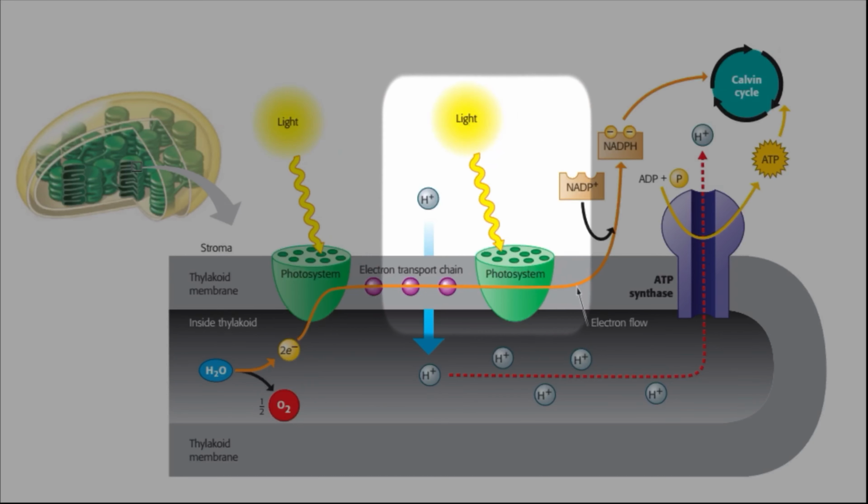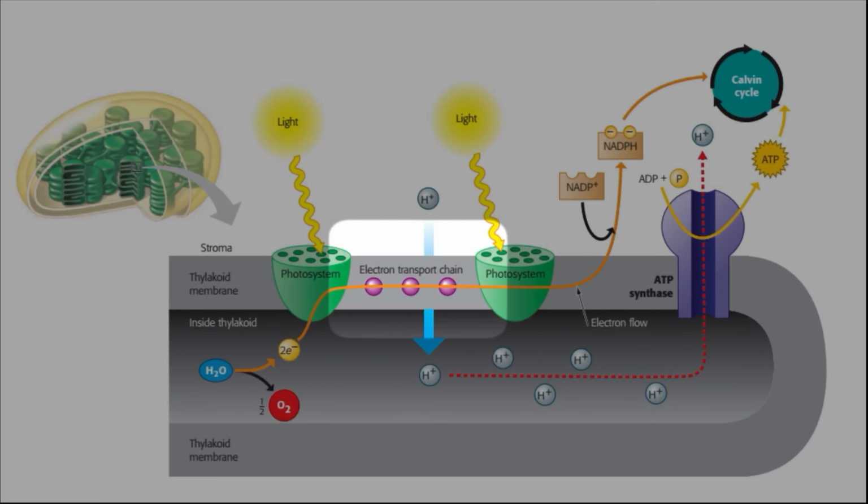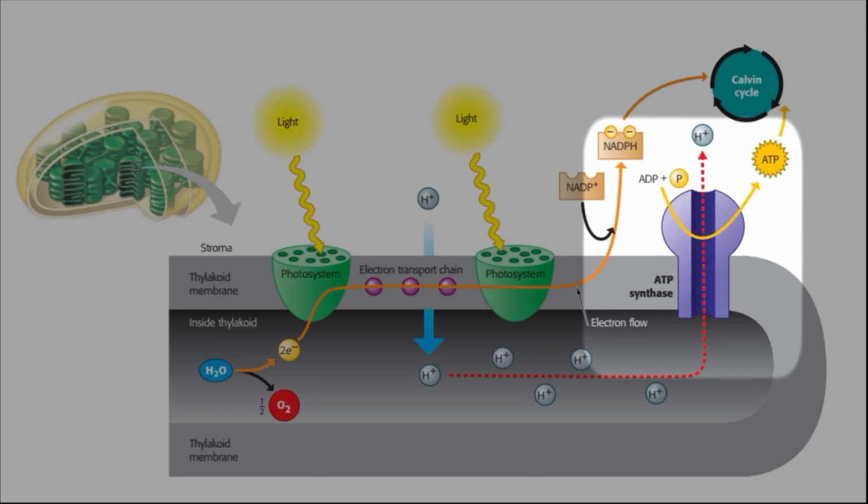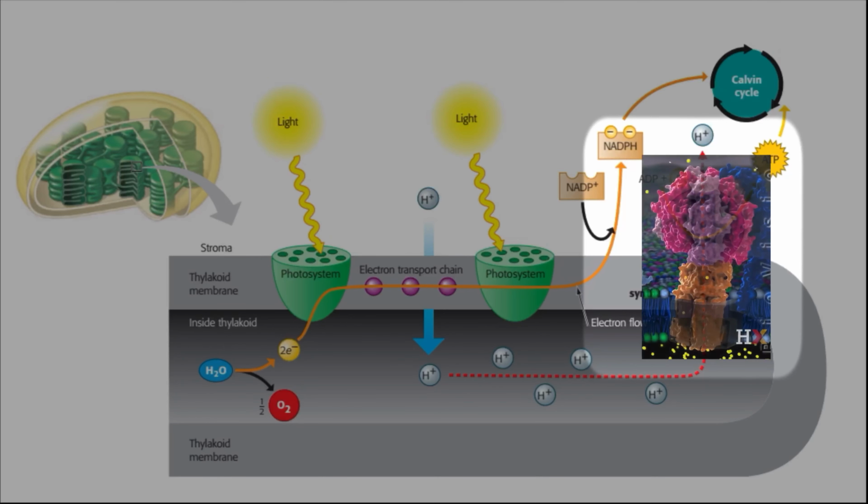Photosystem 1 is a group of pigments and proteins that use light energy to energize electrons received from photosystem 2. The electron transport chain is a series of membrane proteins that shuttle electrons. This is very similar to the electron transport chain in respiration. Like respiration, we have ATP synthase, an enzyme that uses the potential energy in a proton gradient to produce ATP.